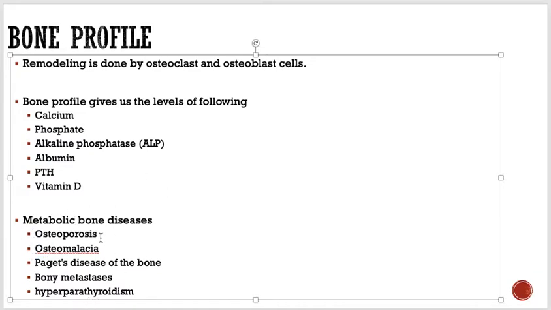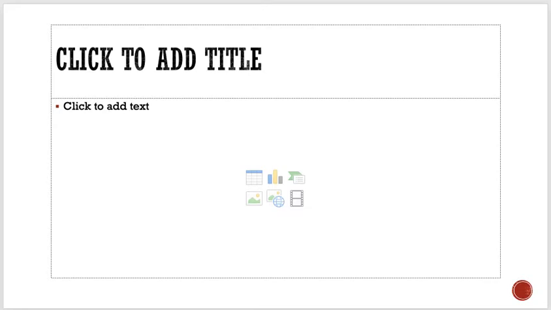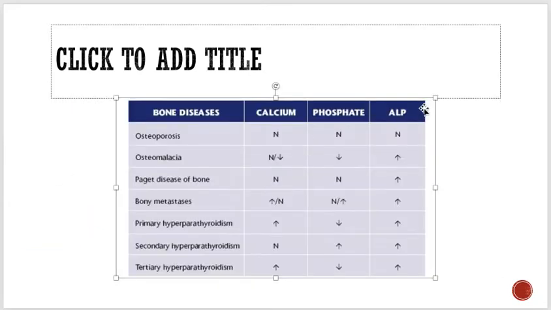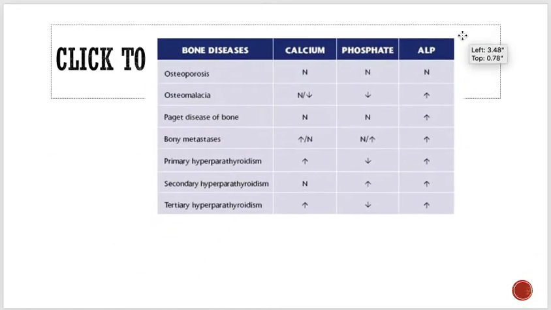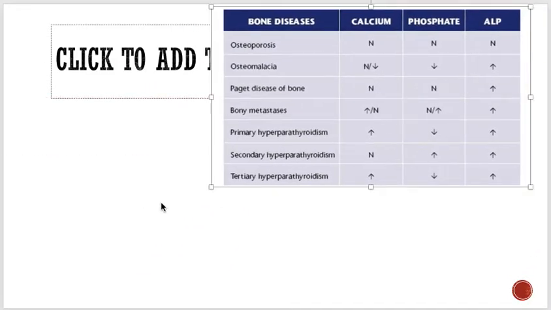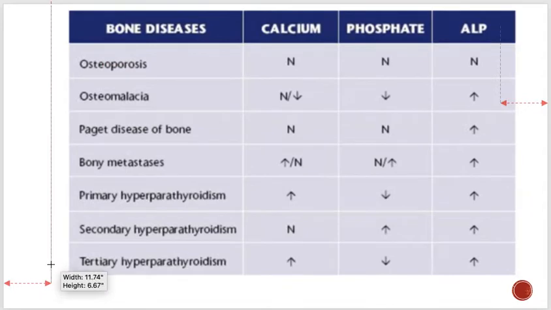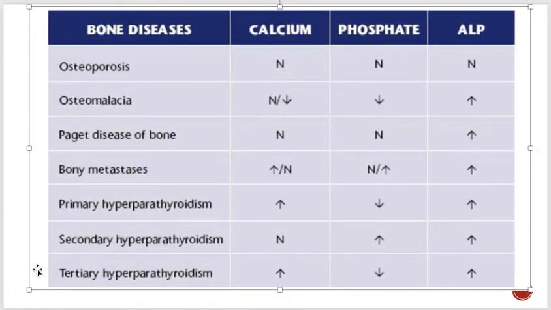Okay. And of course, whenever we are in our differentials, or when we suspect these conditions exist, we are going to order a bone profile, and it will give us the values of these things. Now, very important thing, guys, I would like to include a chart over here just to make you understand. Now, what is primary parathyroidism, what is secondary parathyroidism, and what is tertiary parathyroidism?